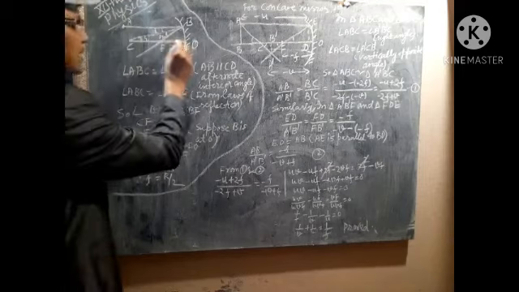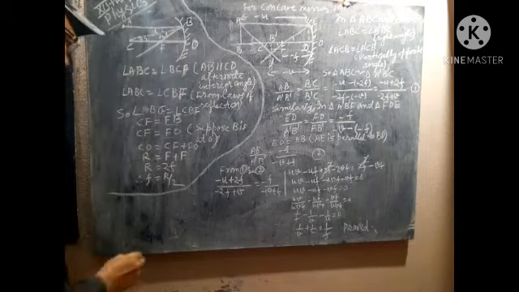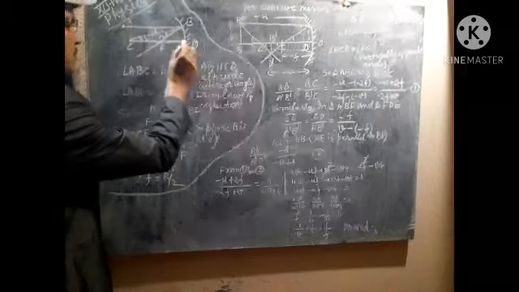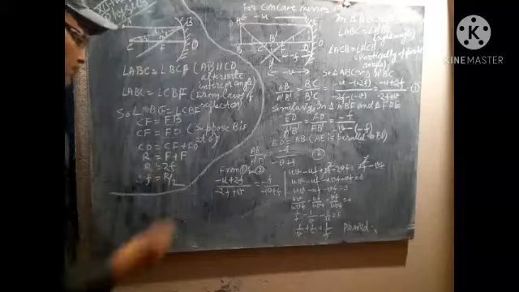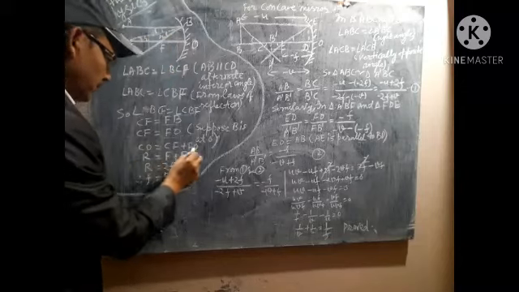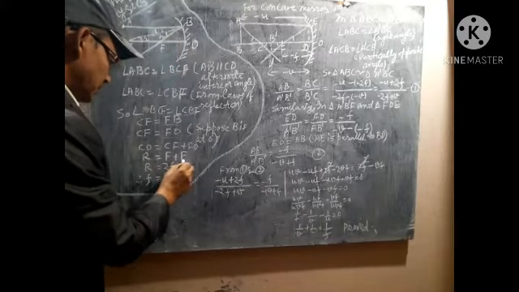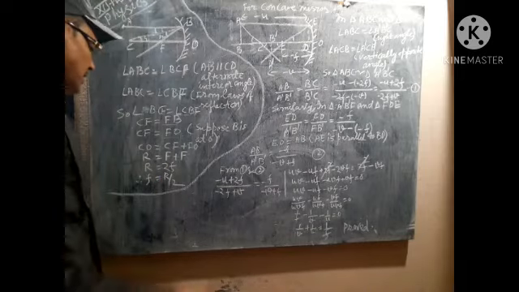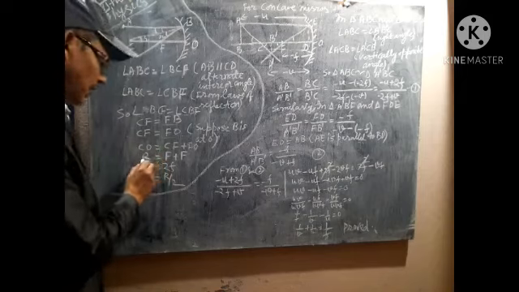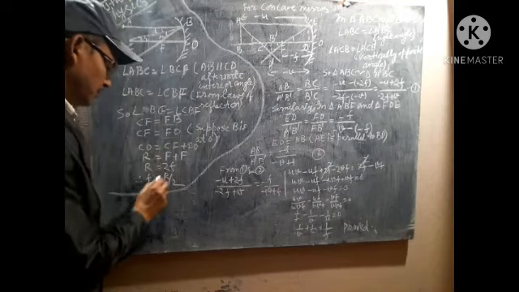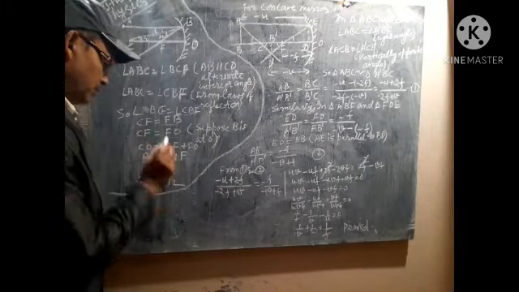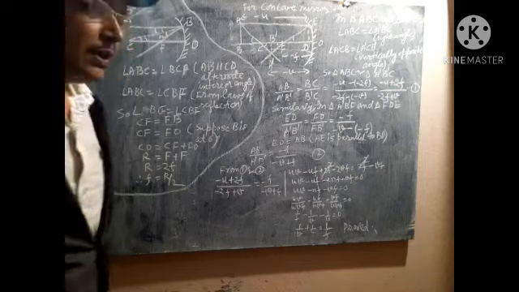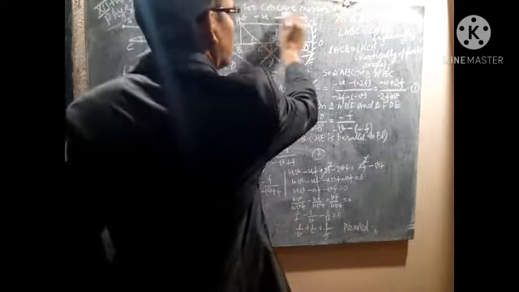And you know FO is the focal length, and I have already proved CF is equal to FO, which means CF is also f. So CO is equal to CF plus FO, and CO is the radius of curvature R, so R is equal to f plus f, R is equal to 2f. So f is equal to R by 2. No problem, you can understand this. This is so simple. Here I have written this for the concave mirror.